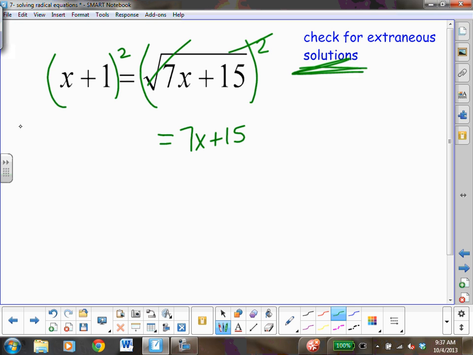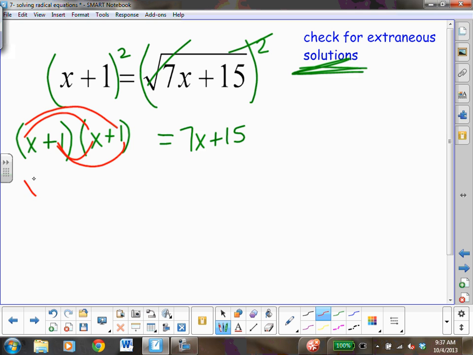And on the left, x plus 1 quantity squared means x plus 1 times x plus 1, which means that I'm going to have to distribute. So I have x squared plus 2x plus 1 equals 7x plus 15. And I will go ahead and combine like terms.